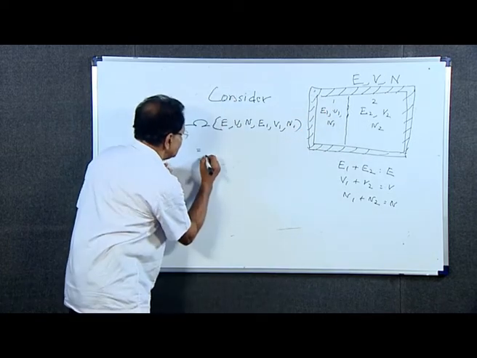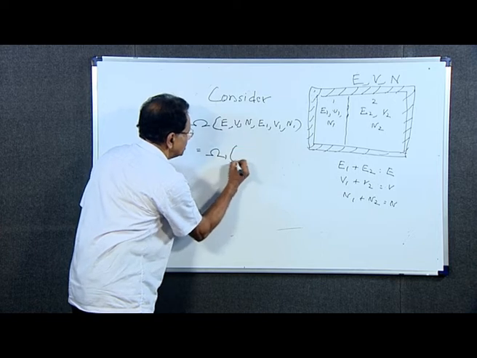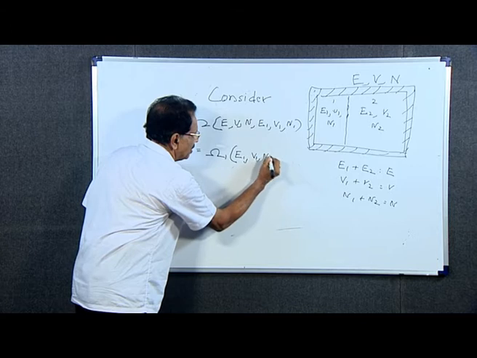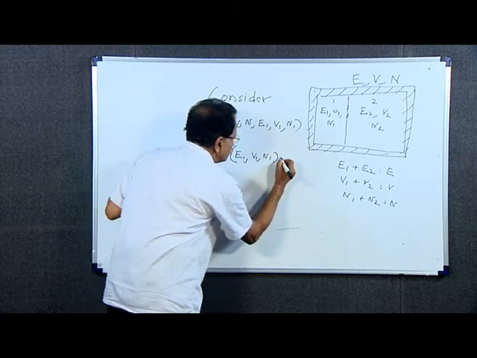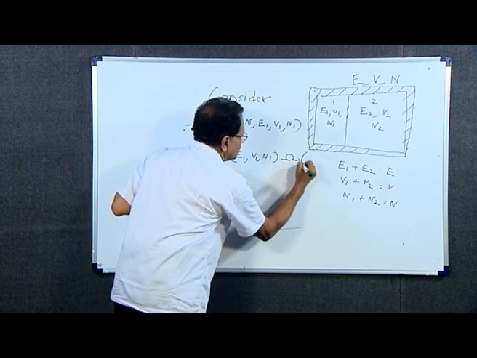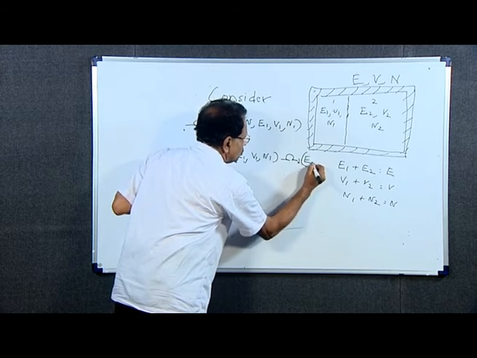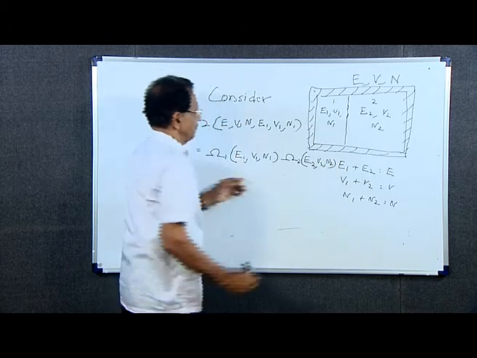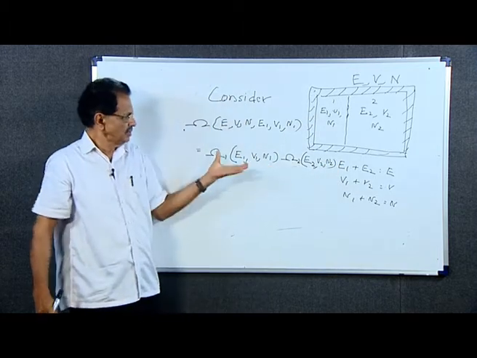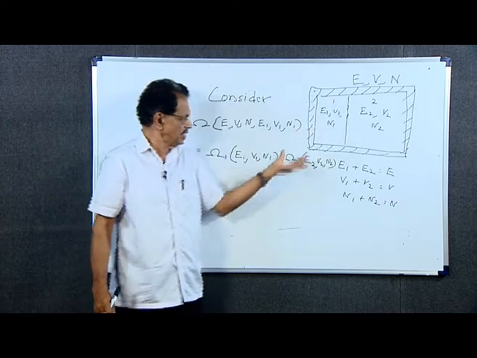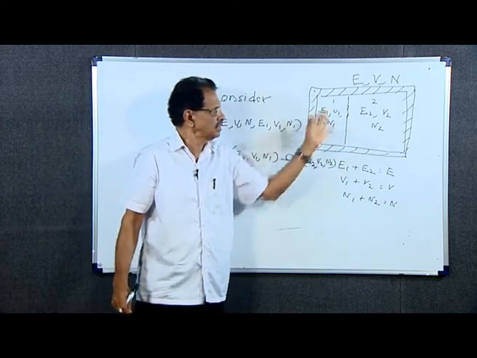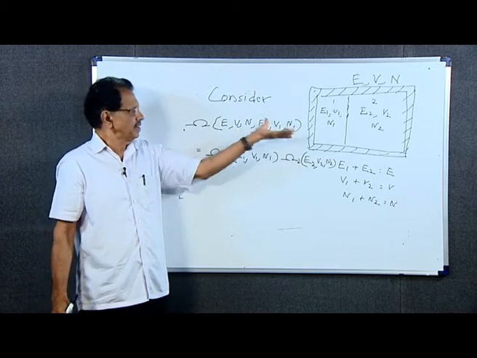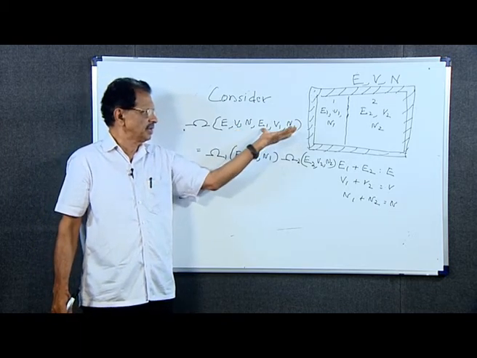That is the same as omega 1, the statistical weight of system 1 with parameters E1, V1, N1, times omega 2, the statistical weight for system 2 with E2, V2 and N2 as the parameters, because this is the number of microstates for system 1 and this is the number of microstates for system 2. That is the total number of microstates for the whole system.